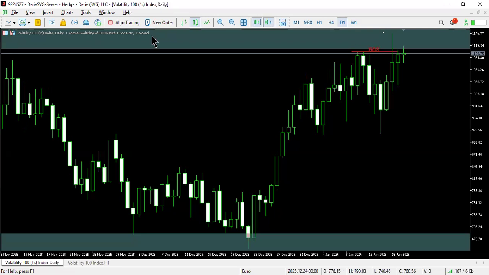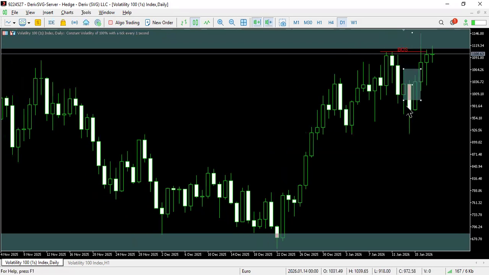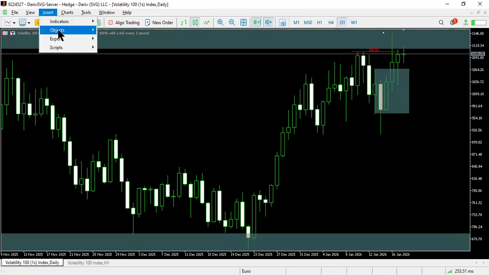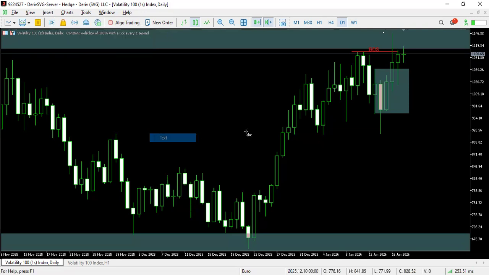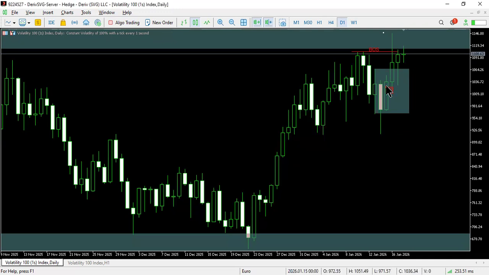And then the other block, which caused that break of structure from the daily time frame, is that order block right there. That is the order block from the daily time frame. That is the order block.